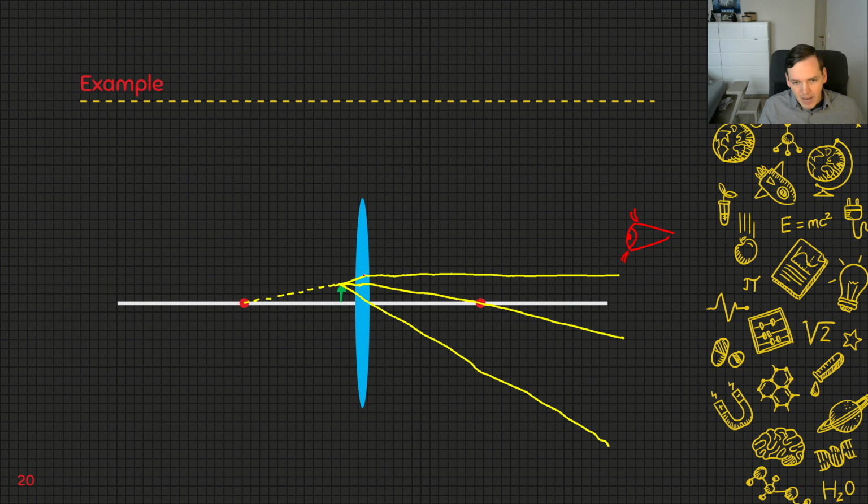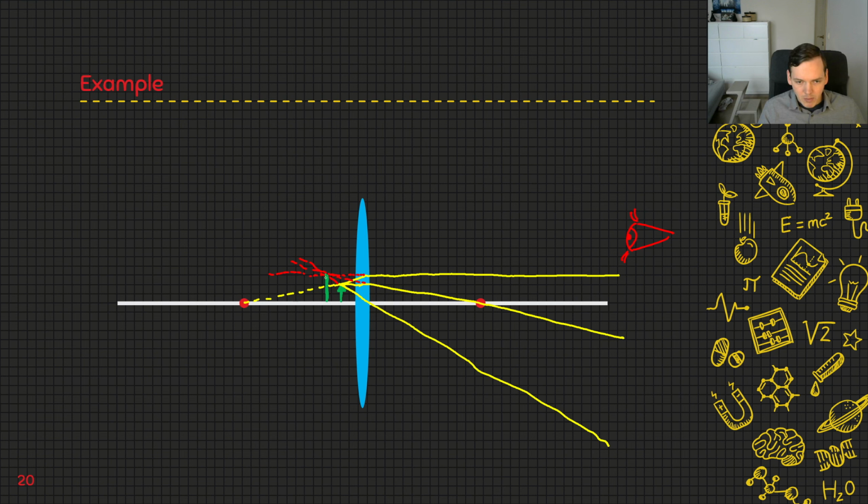So if we work backwards, our eye assumes it was traveling in a straight line. This one working backwards, our eye assumes a straight line. This one working backwards, our eye assumes a straight line. And you'll notice those assumption lines do intersect at a point. So in that case, the image that is created would be right here.